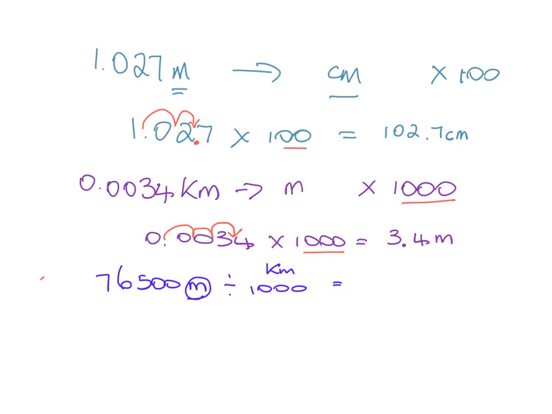Like before, here is our decimal place, but as we were going this way before, we're now going to be going this way because we're dividing. We have three zeros, 3 decimal places, so it's 1, 2, 3. So our new expression is 76.5 kilometers.